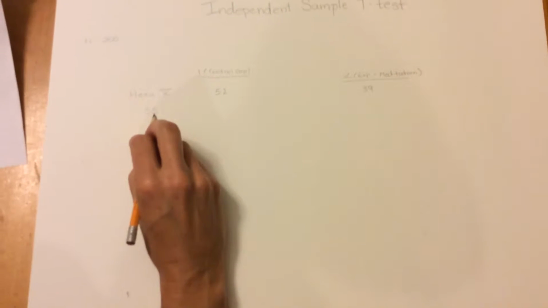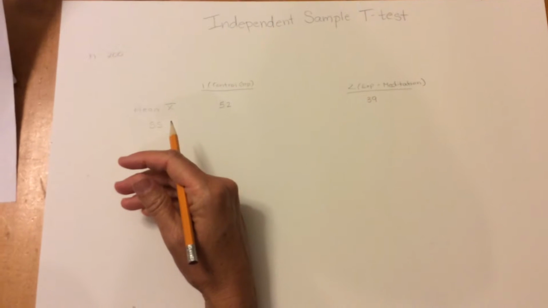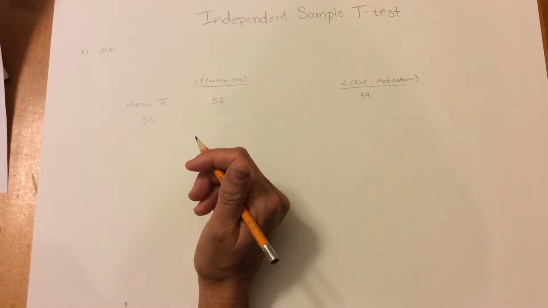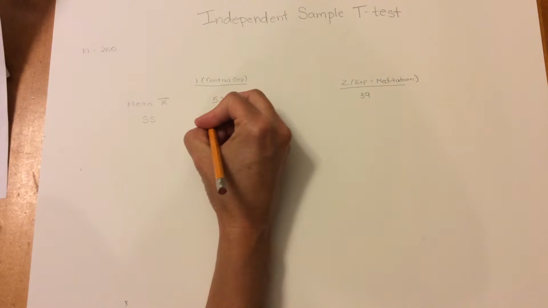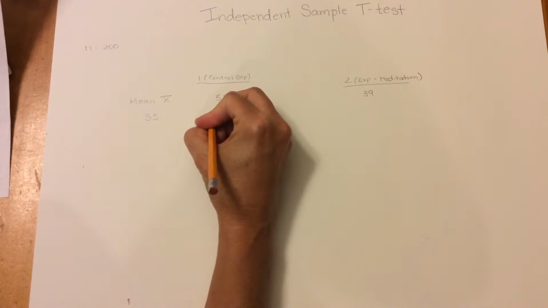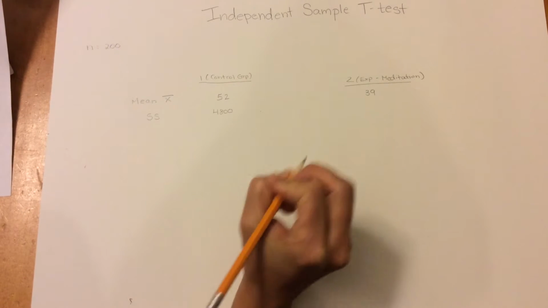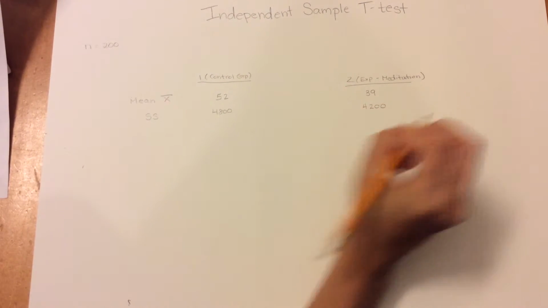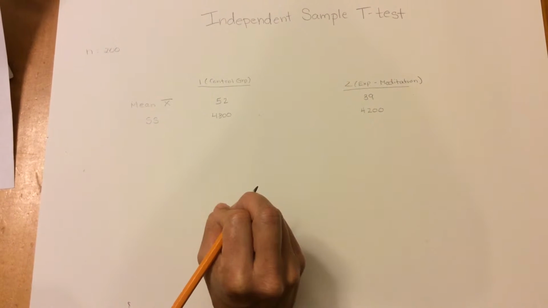The sum of squares, which you'll recall is a statistic that captures variability, for the first group was 4,800. For the experimental group, the sum of squares is 4,200.